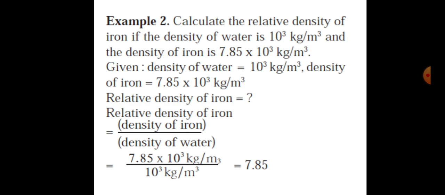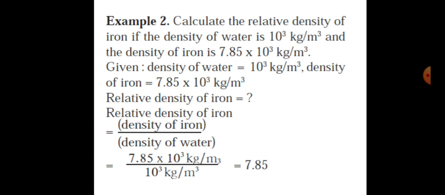Example number 2. Calculate the relative density of iron if the density of water is 10 raised to 3 kilogram per meter cube and the density of iron is 7.85 multiplied by 10 raised to 3 kilogram per meter cube. Given density of water 10 raised to 3 kilogram per meter cube and density of iron is 7.85 multiplied by 10 raised to 3 kilogram per meter cube.